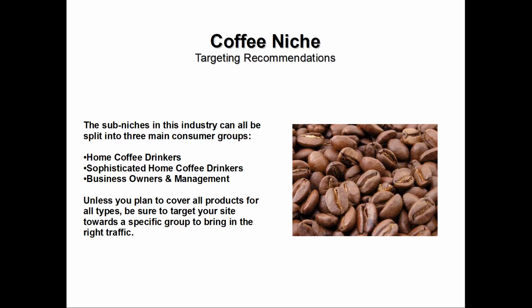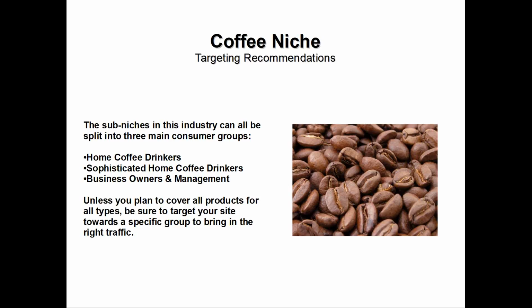So don't try to target all commercial businesses like this. Try to narrow your focus down if you go after this particular consumer group, and narrow it down even more. Go after one specific type of business. Go after your restaurant small business owner. You're not going to have these chain restaurants that are out looking for information on Amazon to try to purchase these products.